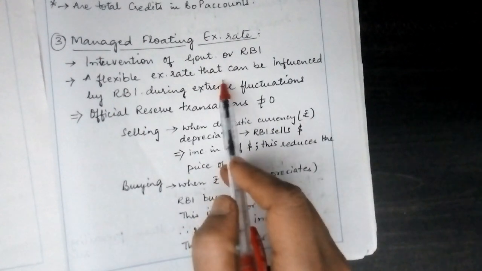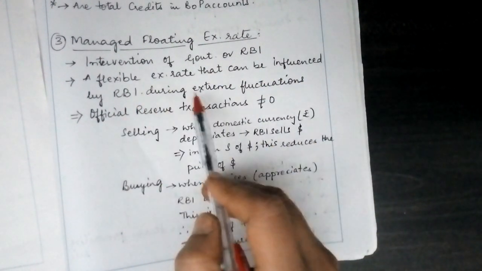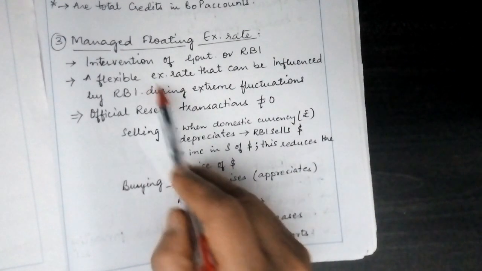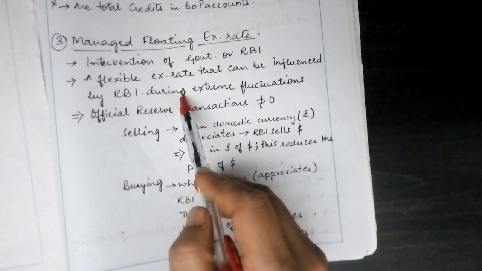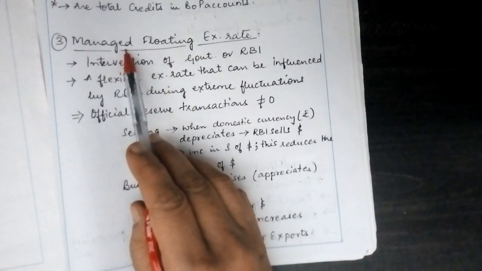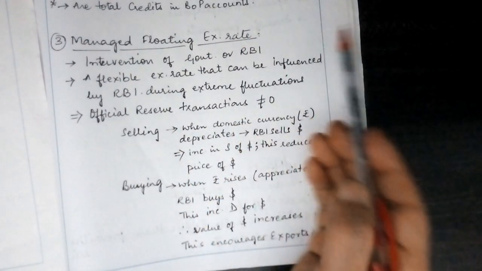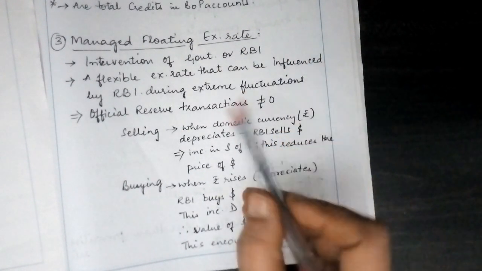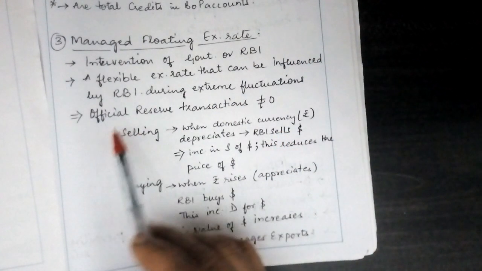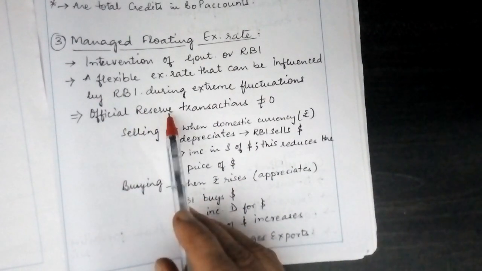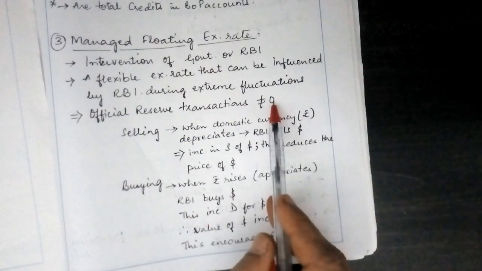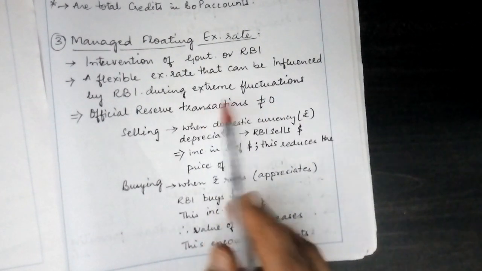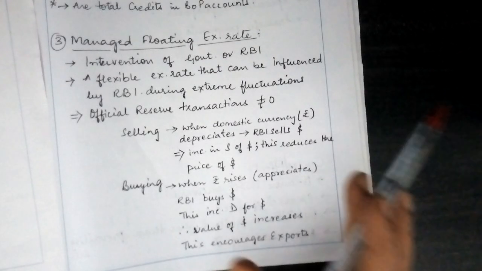A flexible exchange rate that can be influenced by the RBI during extreme fluctuations. Since there is an intervention of the RBI in order to maintain the exchange rate, it is called managed floating exchange rate or dirty floating exchange rate. Now, this implies that the official reserve transactions will never be equal to zero. Why? Because the RBI is intervening to manage or maintain the exchange rate.